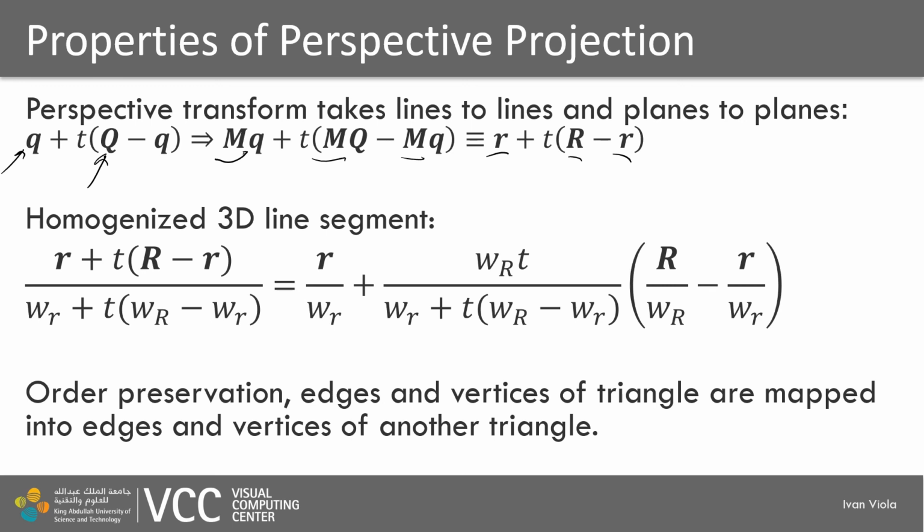Now, after we perform this operation of homogenizing the 3D line segment, meaning that we are performing the division with the factors which have been calculated in the w coordinate in the column vectors, we will end up with a description which is shown by this fraction.